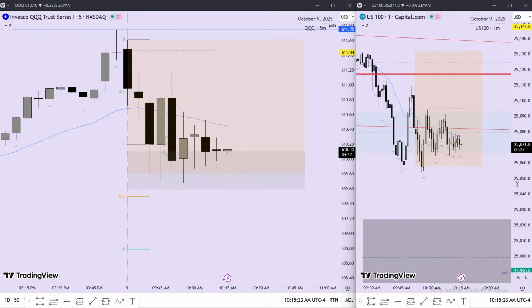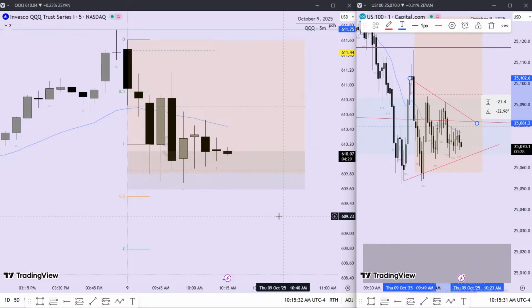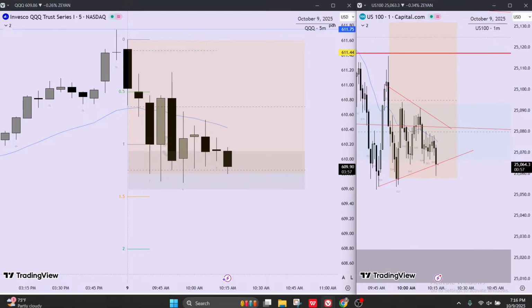We are contracting in range, making a contracting triangle. So it's a breakout mode. We might be getting a move now. 4 seconds, and I'll be entering this short. 4 more seconds.